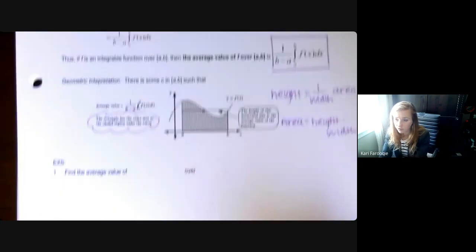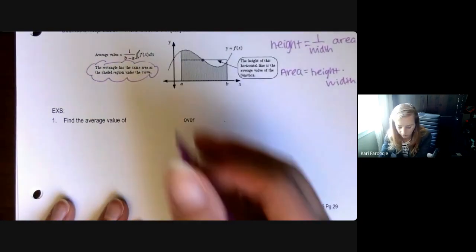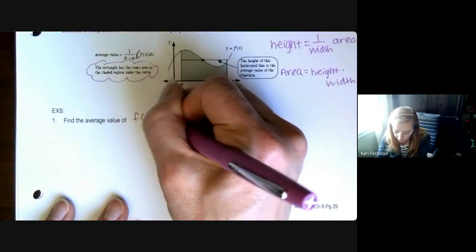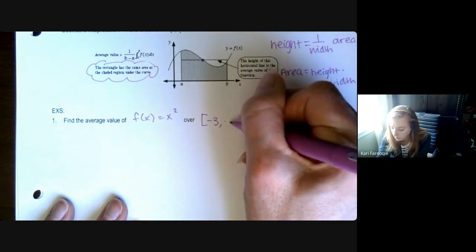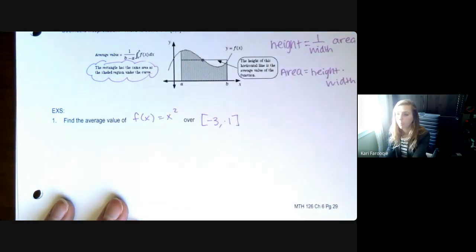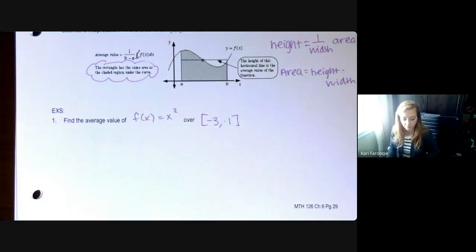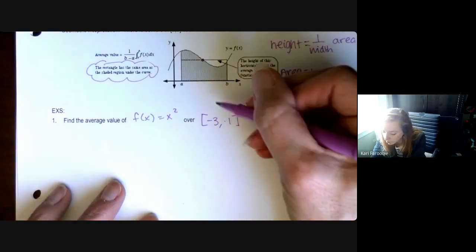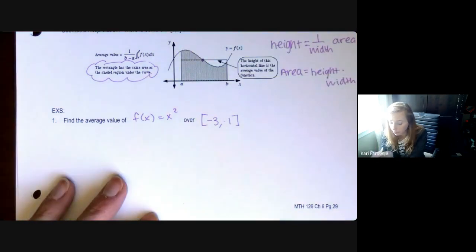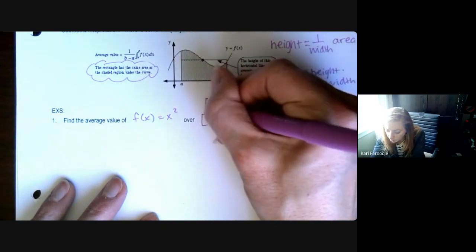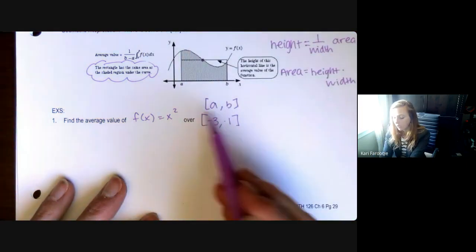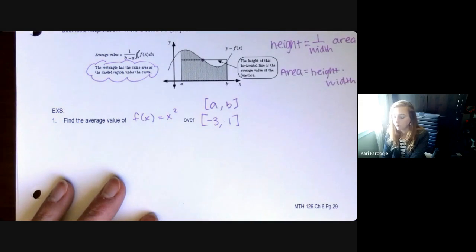The average value we're going to look for here is we're going to find the average value of f of x equals x squared over the closed interval from -3 to 1. So what I'm going to be doing here is, remember, when you're given average value, we're given values for A and B. A is always going to be that left-hand endpoint, and B will be the right-hand endpoint.